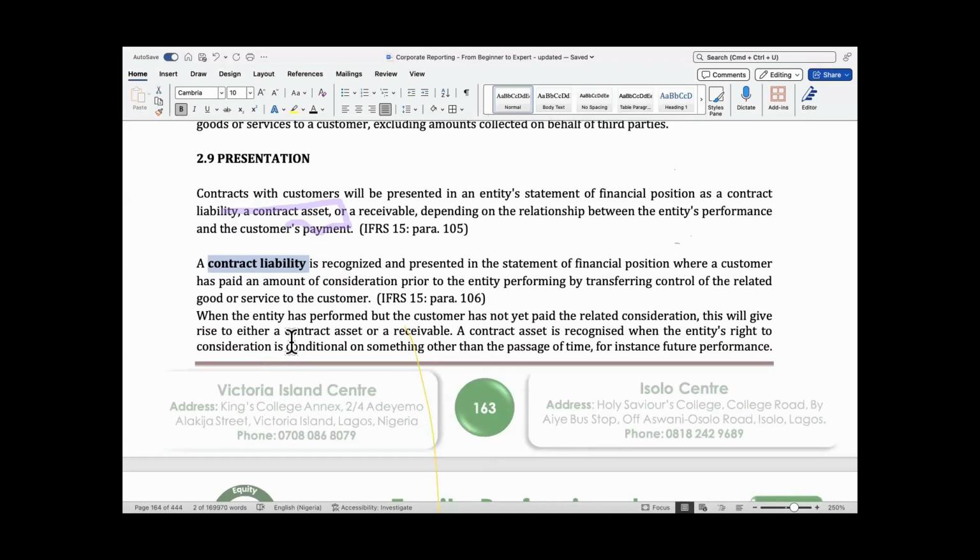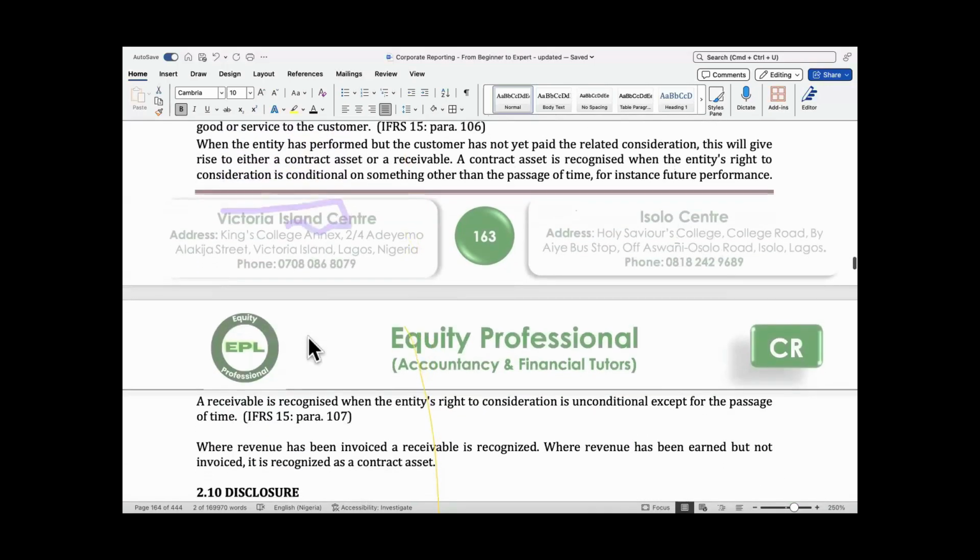As soon as you have delivered the service but your payment is still conditional on a performance, such money you're expecting, you debit to contract asset. But if your money is not conditioned on anything other than passage of time, then receivables.